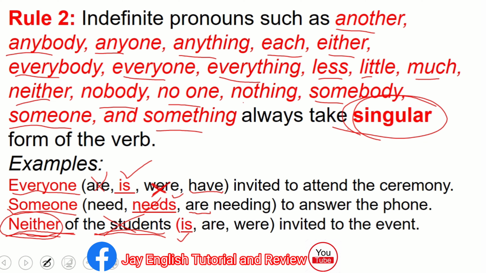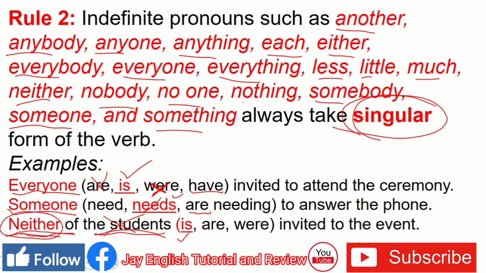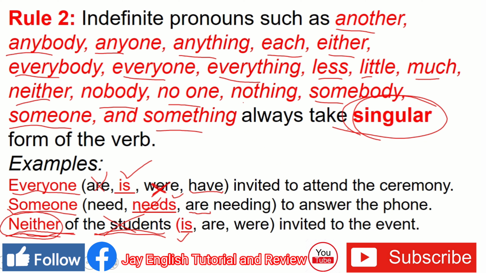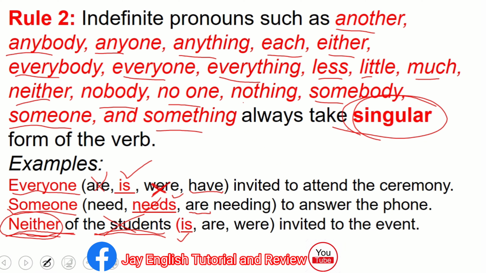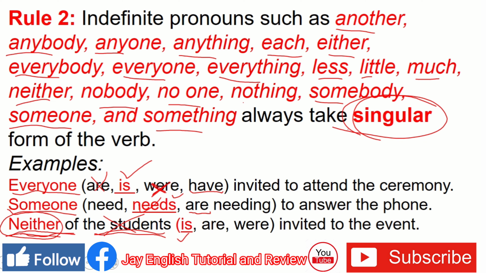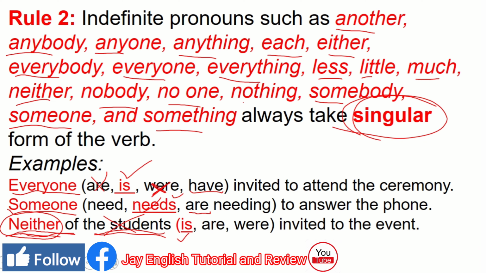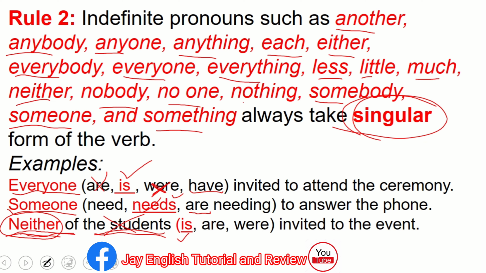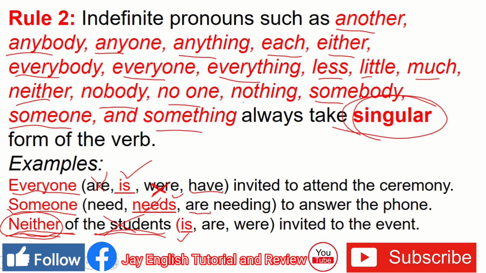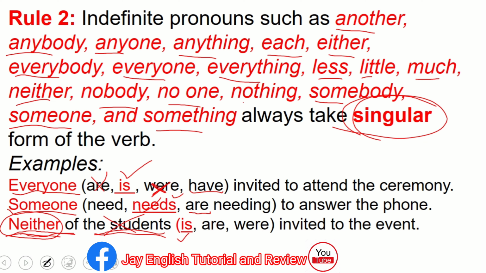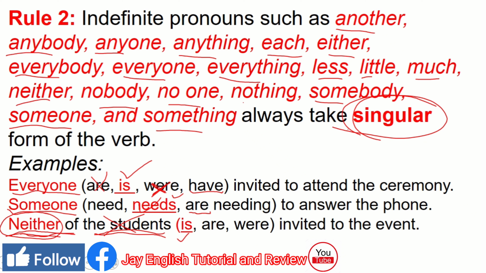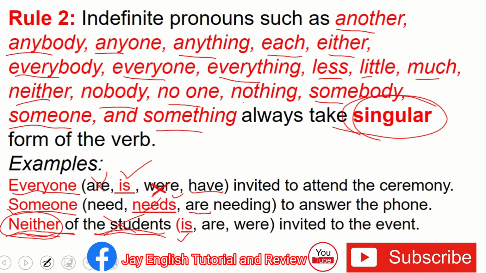Because sometimes if students or people who are using the English language are not familiar with the rules, it really happens that there's a mismatch on the subject and the verb. Sometimes you are going to pair your singular subject with a plural verb or vice versa. So that's how important understanding and learning the rules of subject-verb agreement are.